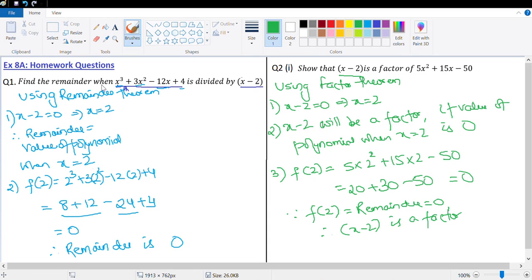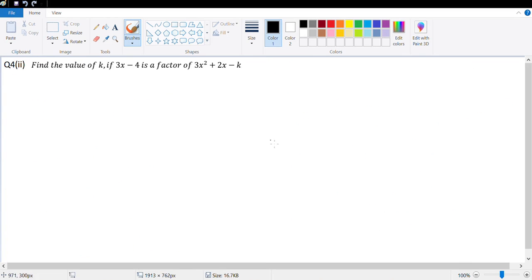The next question that we do, which was the homework question, was question number 4, part 2. It says find the value of k if 3x minus 4 is a factor. So using factor theorem, what we get is 3x minus 4 is equal to 0, which gives us x is equal to 4 by 3.